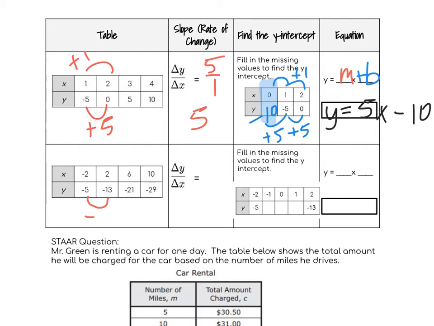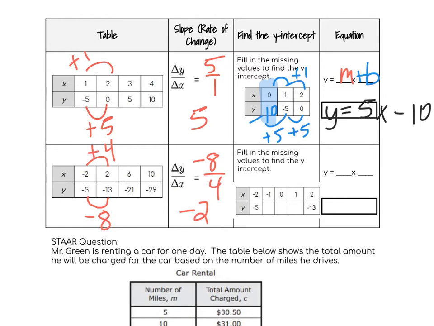Then from negative 2 to positive 2, well, that's plus 4, since it takes me 2 to get from negative 2 to 0, and 2 more to get from 0 to 2. That's how I look at the negative integers. So my slope is negative 8 over 4, which is negative 2.